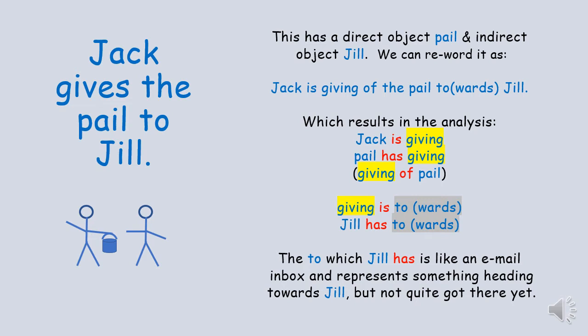The giving is to, towards, Jill has to, towards. The to which Jill has is like an email inbox and represents something heading towards Jill but not quite got there yet.